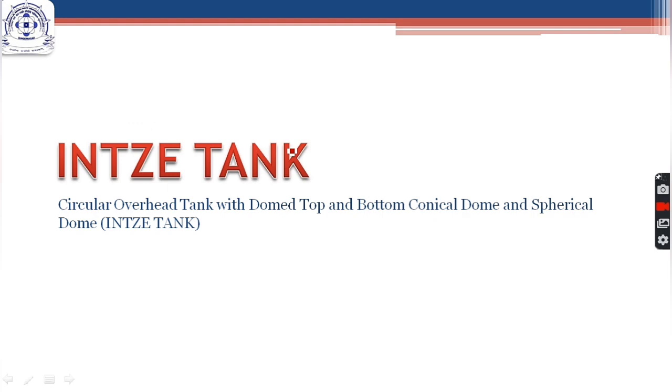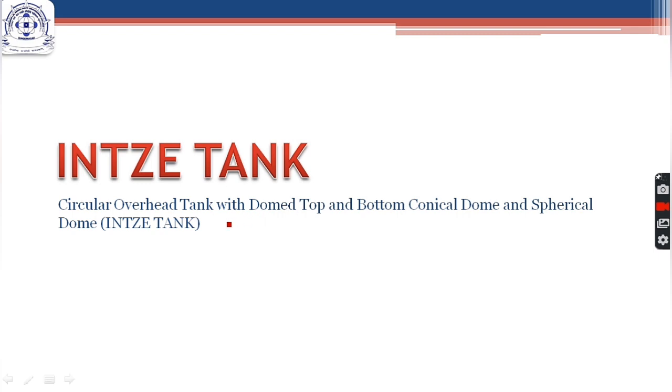Now we will move on to the design of INS tank, which is the circular overhead tank with domed top and bottom, conical dome and spherical dome. We will design each component of the INS tank separately, and we will get the whole design of the INS tank.